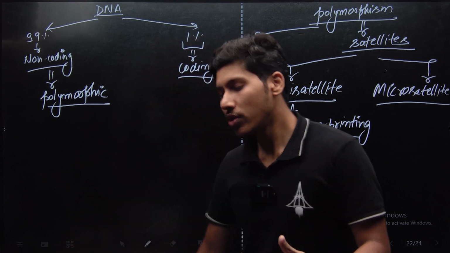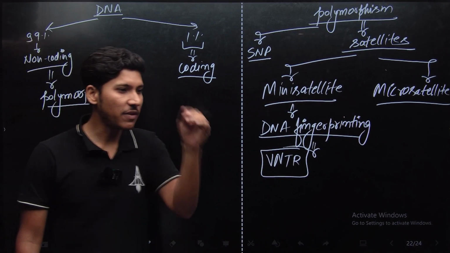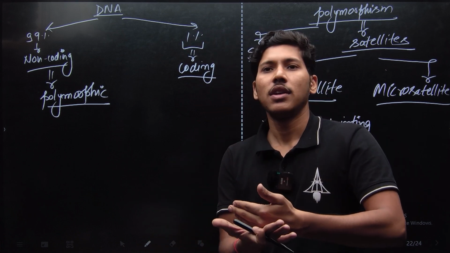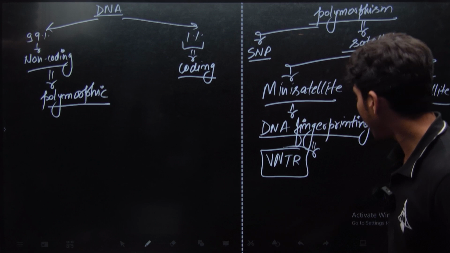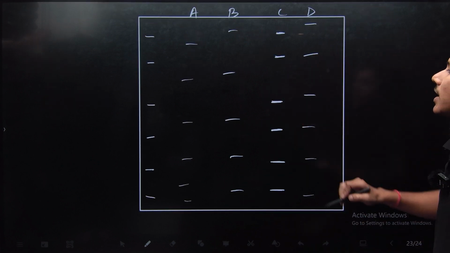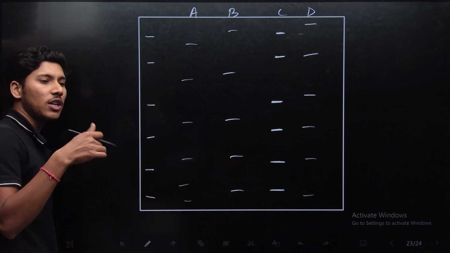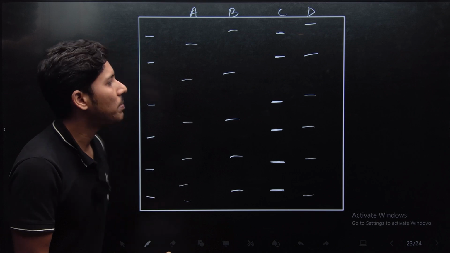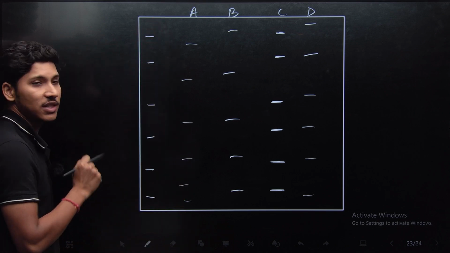And that's how the specificity of a particular individual is recognized using DNA fingerprinting. Like if I give you an example of a crime scene, let's say from a crime scene we got blood and we extracted the minisatellites, and the VNTR banding pattern showed like this.